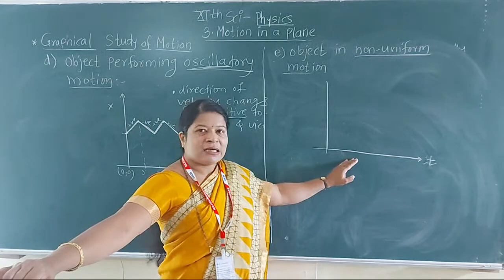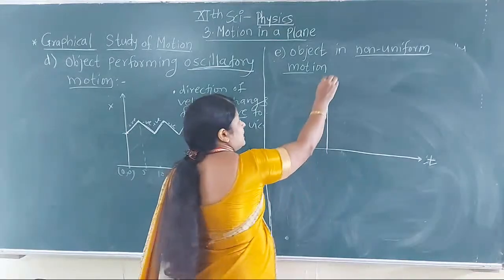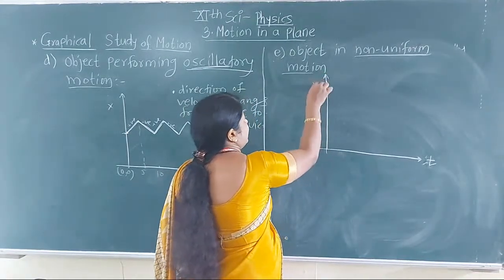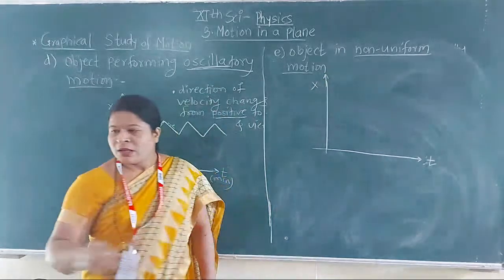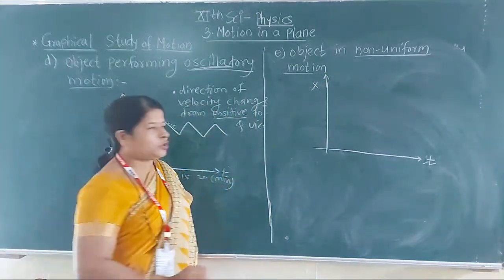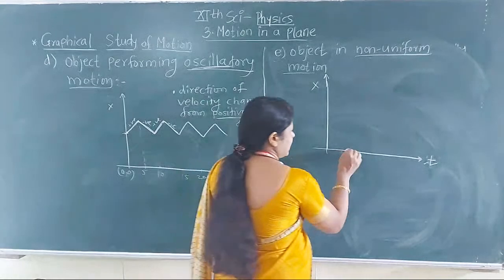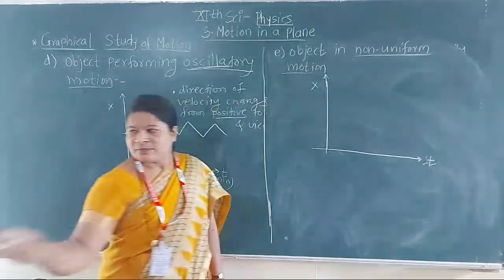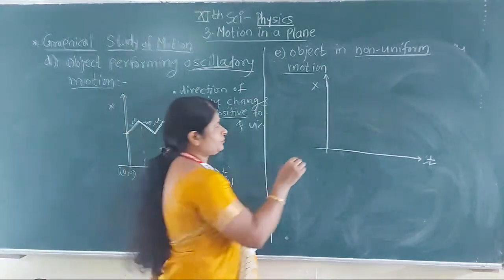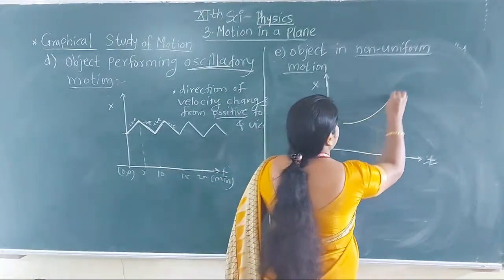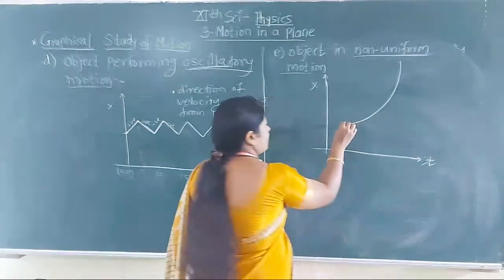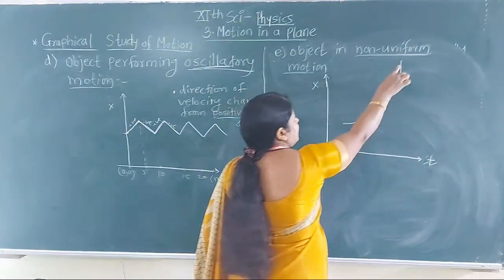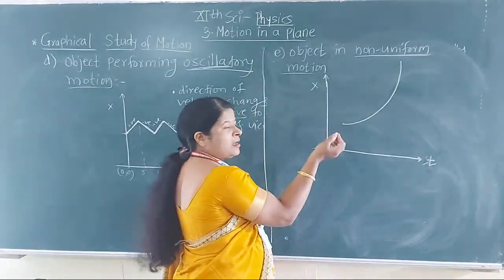Therefore this is the time axis, and this axis is the displacement axis as x. So for an object in non-uniform motion, along this axis we get the motion of the object like this type of curve. This is the starting point, and this point is the end point of that object.